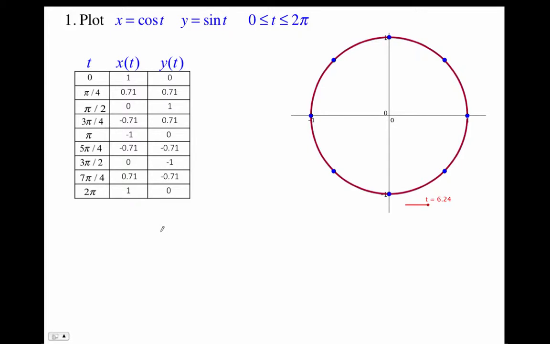Of course, it's completely trivial to see that this is the equation of a circle, because if I take x squared plus y squared, that's just cos squared t plus sine squared t. And you know from trigonometry that that is equal to 1. And that's the equation of a circle with radius 1.